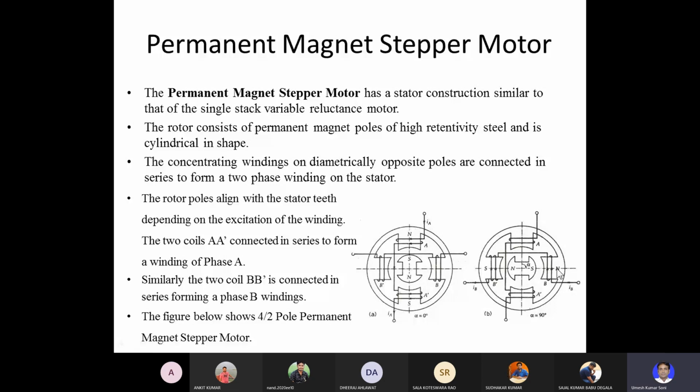So when you have simultaneously energized the two phases, you have 45 degrees of displacement, and if you have energized only one phase after de-energization of the other, you have a 90 degree step.